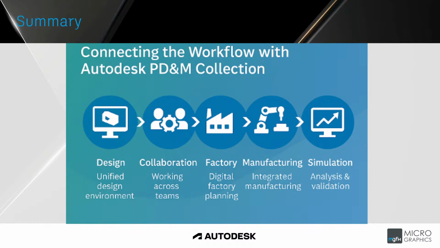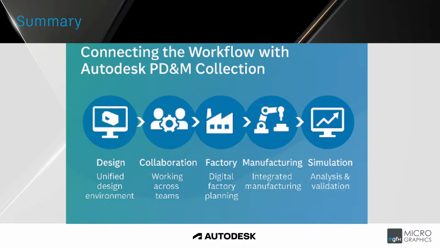Within the Product Design and Manufacturing Collection, you do get quite a big variety of software, and the collaboration between Autodesk software is quite unique and easy to use. For instance, if I think about AutoCAD and Inventor, AutoCAD drawings can open directly in Inventor.